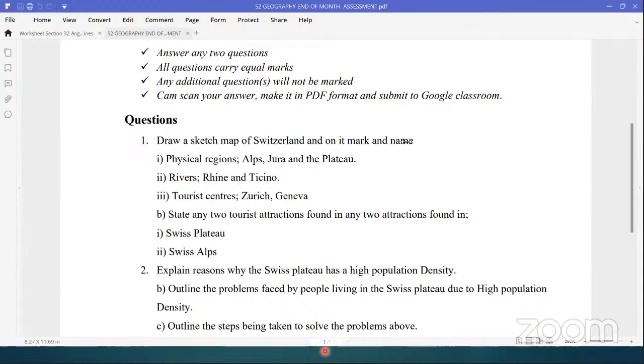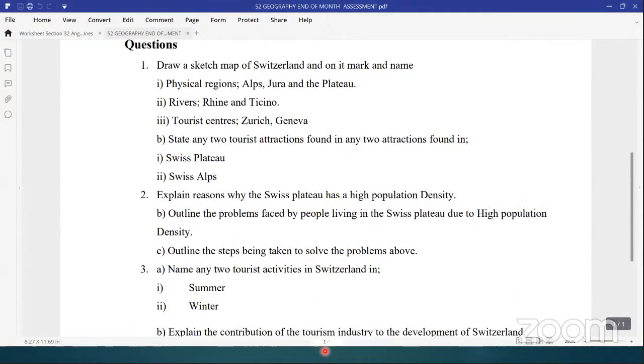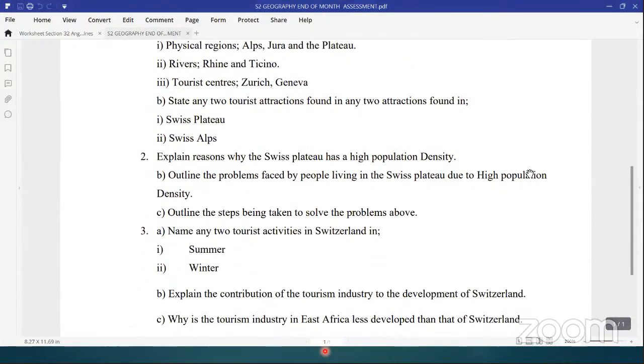Thank you, members. I want us to leave that one at that, and we go to another number. Those were the reasons as to why the Swiss Plateau has a high population. And viewers, what are the problems that have come out as a result of high population?